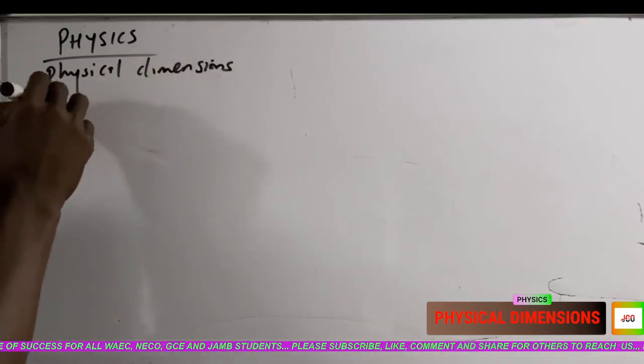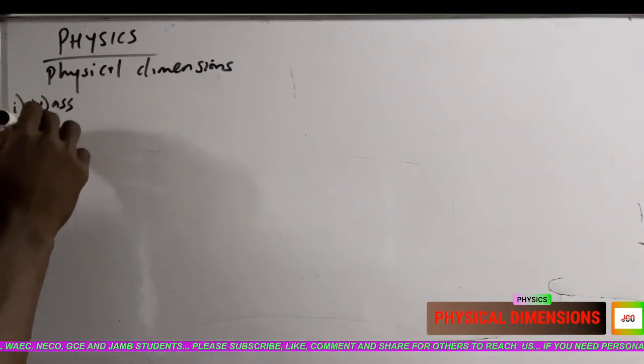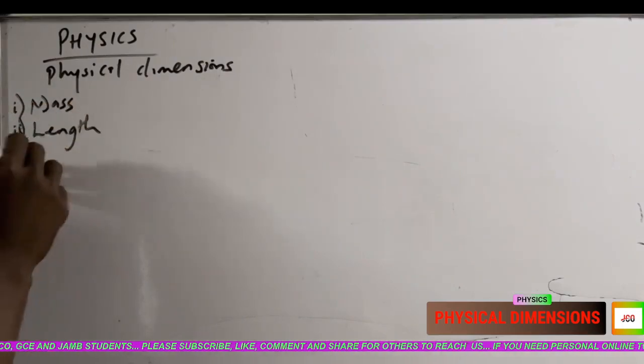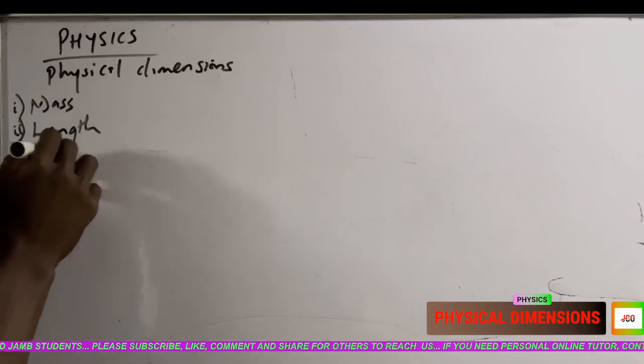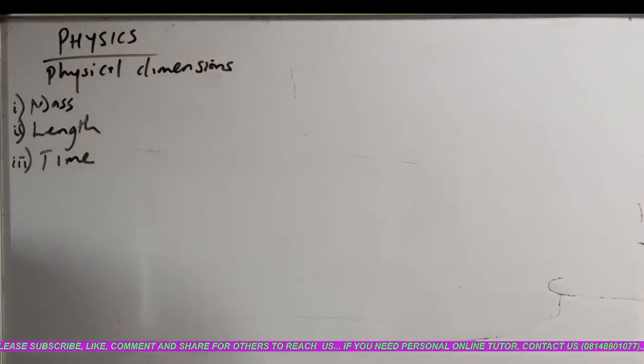One is mass, two is length, and then three is time. These are the three physical dimensions we have in physics.